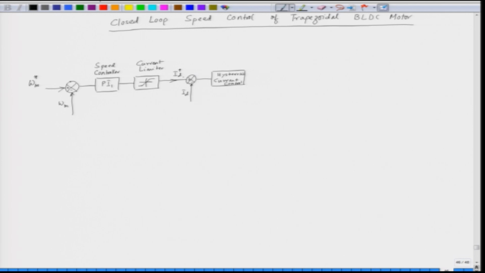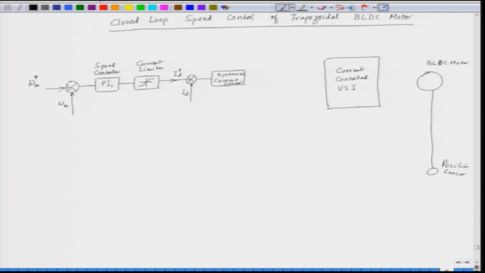So, this is for phase A, let us say, and depending upon the inverter. So, this is our current controlled VSI, which is feeding the brushless DC motor. Here we have a position sensor, and we have to generate the reference current also.